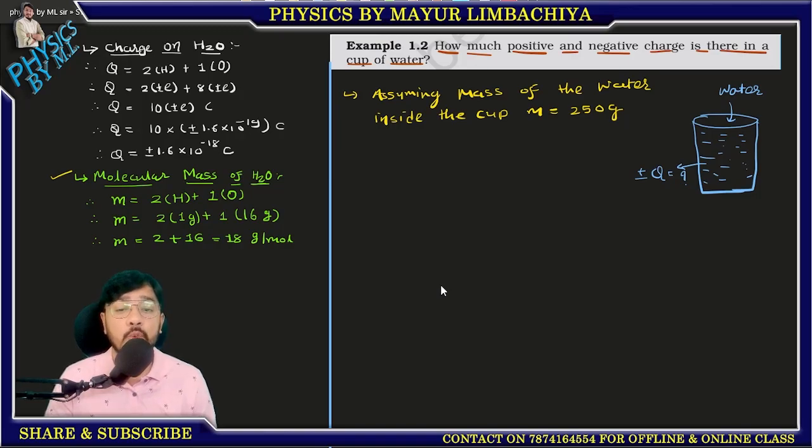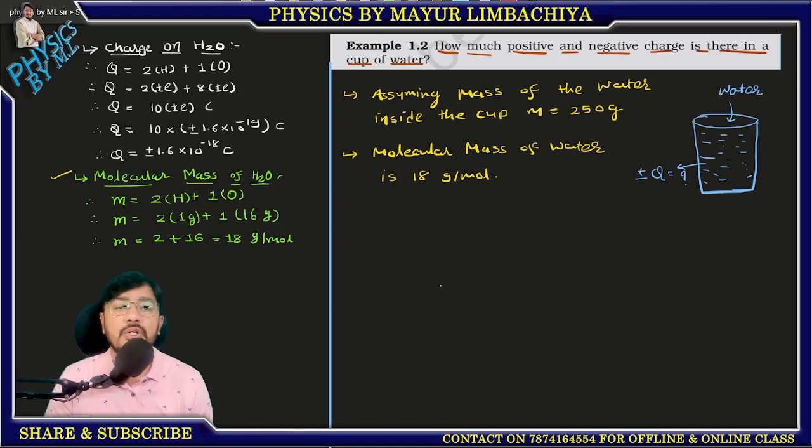So 2 into 1 plus 1 into 16. If we add these two numbers, we will have 18 gram per mole. So let's use this information that the molecular mass of water is 18 gram per mole.